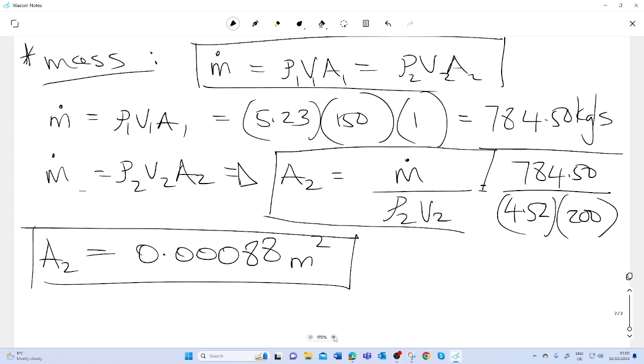Our A2 becomes 0.88 meters squared calculated.